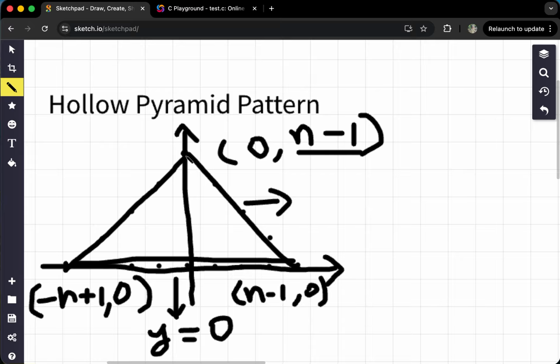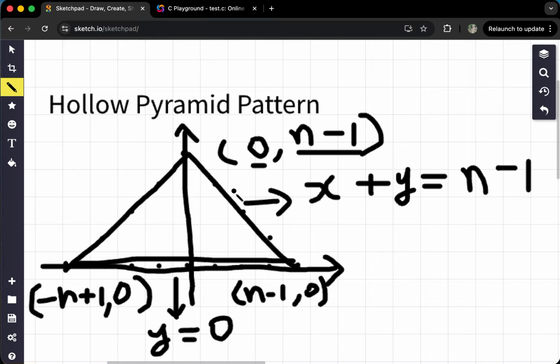So if you take this point, the y coordinate is n minus 1 and x coordinate is 0. So if we add x plus y, then we will get n minus 1. So the equation for this line is x plus y equal to n minus 1.